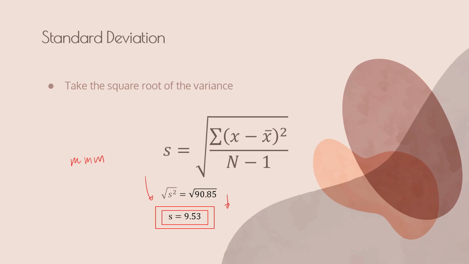A low standard deviation would indicate that our variables were controlled, and a high standard deviation could be suspicious that our variables were not controlled. Okay, in this case, 9.53 would be a relatively high standard deviation. Typically, depending on your measure, we look for a lower standard deviation. Okay, so that would be for our measures of spread.